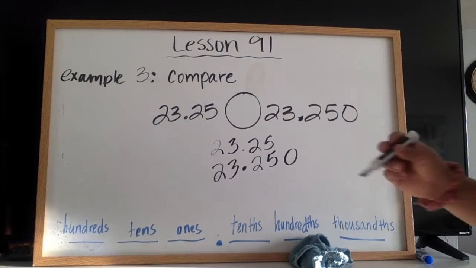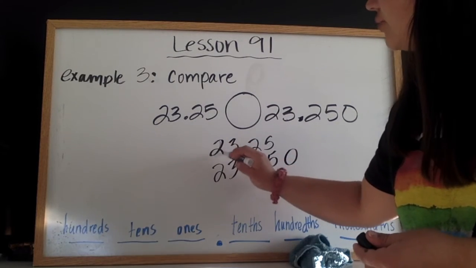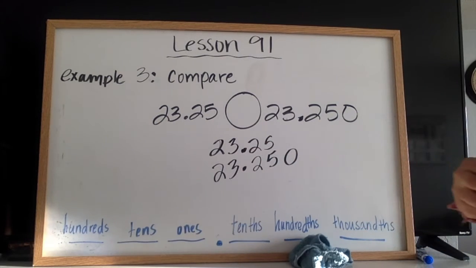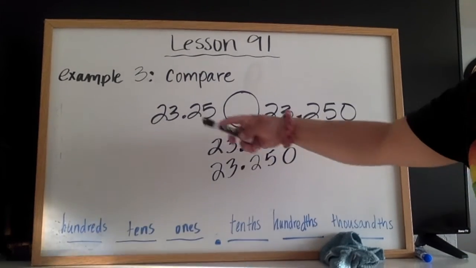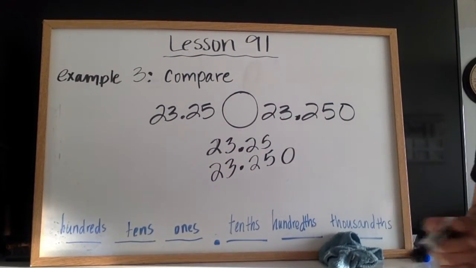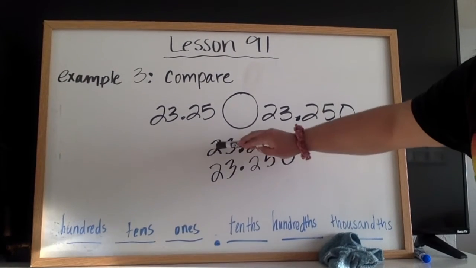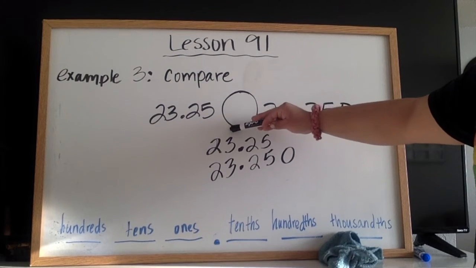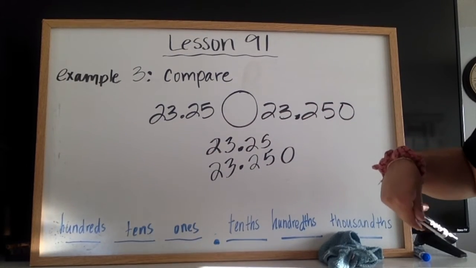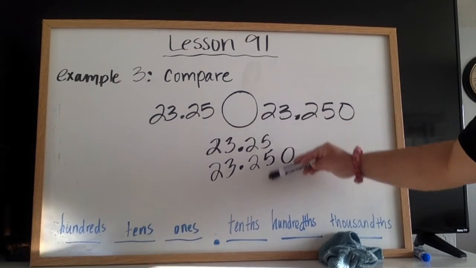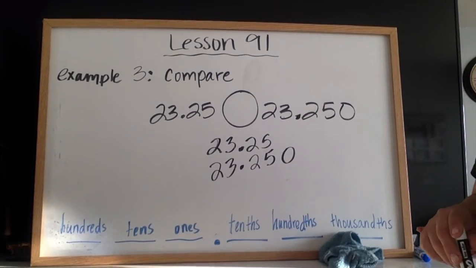So when we line our two numbers up, we can have a better look at these. If you're not able to compare these just side by side, lining them up might give you a better view. So we see that the tens place both have 2s. They both have 3s in the ones place. They both have 2s in the tenths place. They both have 5s in the hundredths place.